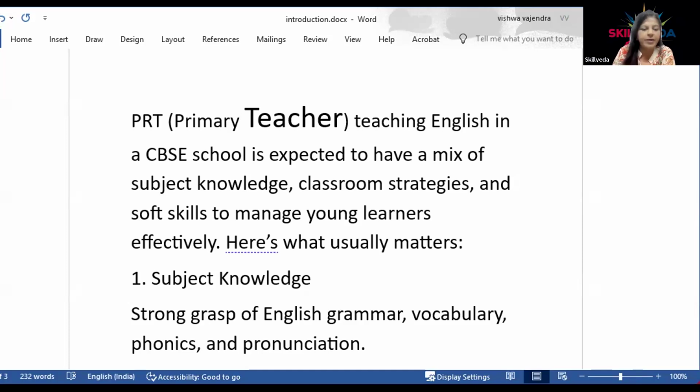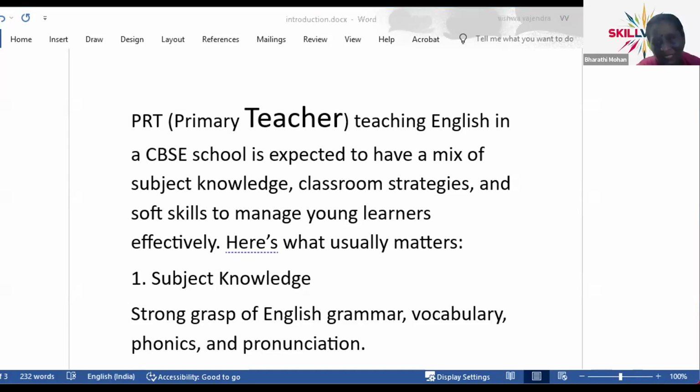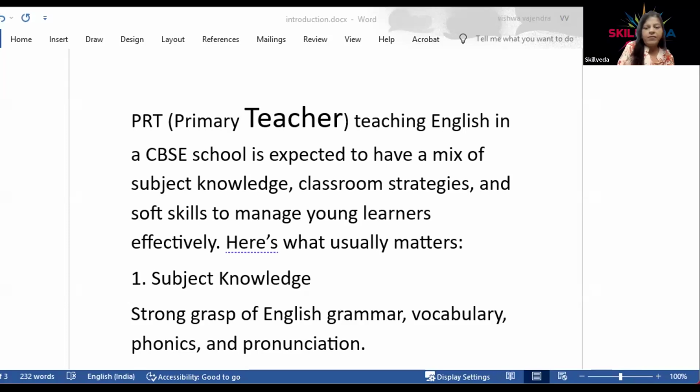Nithya ji is writing PRT. Yes, thank you, Nithya. So you'll be handling the upper primary, right? You can unmute yourself also and speak, there's no problem. Yes, we have more PRTs here.